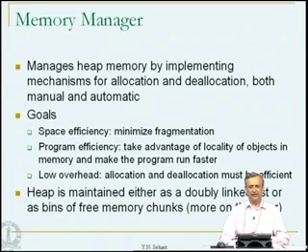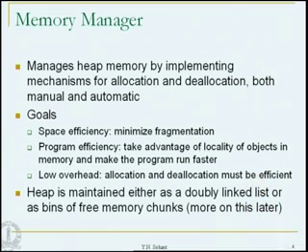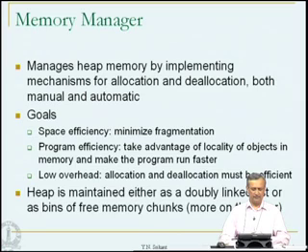The memory manager must also have low overhead. Allocation and deallocation by themselves should not take too much time; they must take as little time as possible. The heap also needs a data structure for its maintenance. Usually it is maintained as a doubly linked list or as bins of free memory chunks. These two are going to be discussed in some detail in the coming slides.